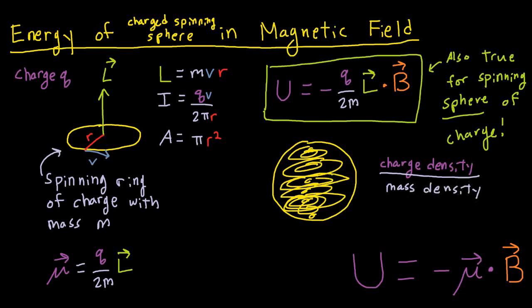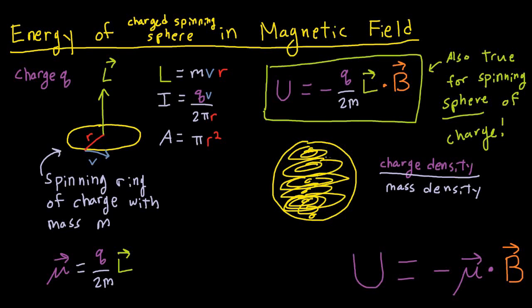So if you assume that this spinning sphere has a constant charge density per mass density, then this prefactor, Q over 2m, will be the same for each of these infinite number of spinning rings that comprise the spinning sphere. Therefore, you can just add up all of the angular momenta from each spinning ring.